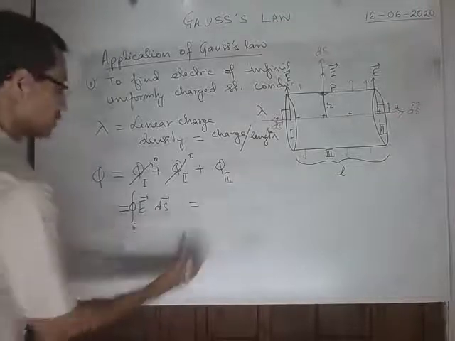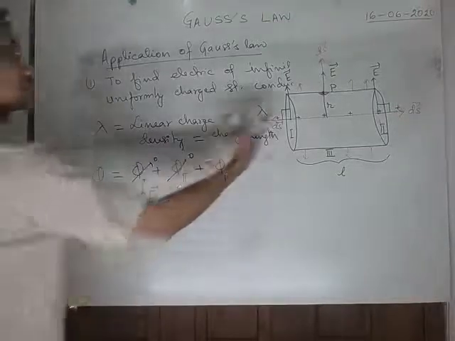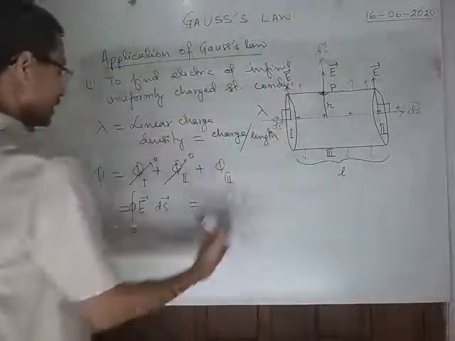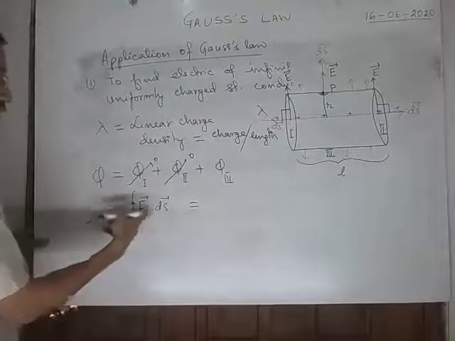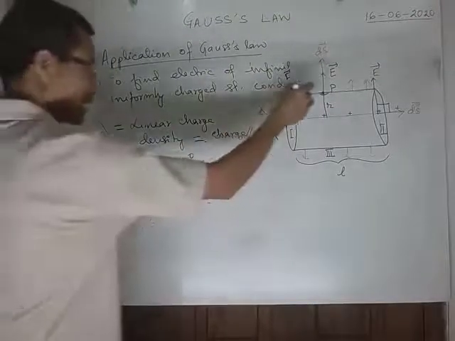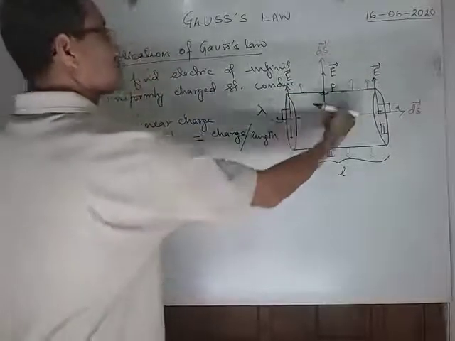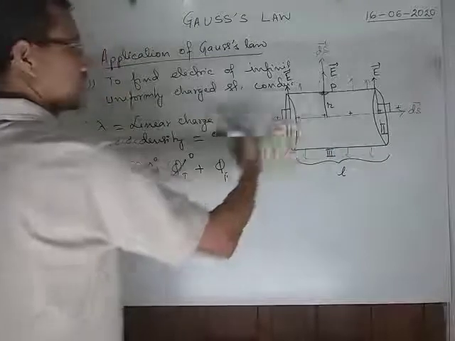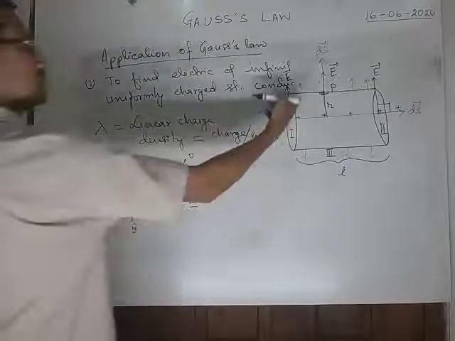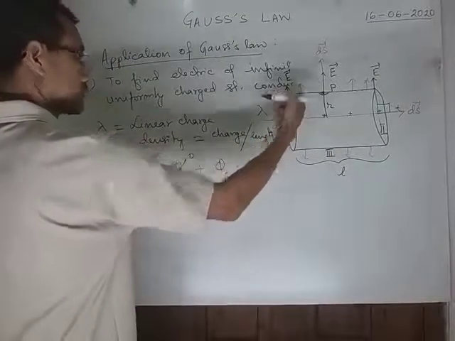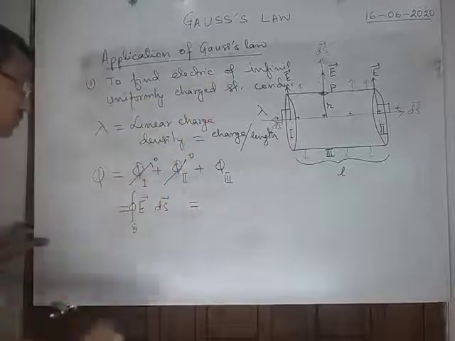As I told you, this E and ds are along the same direction, so the angle between them is 0, and moreover E is constant at every point here because the distance from the charged conductor lying at the axis of the cylinder is the same. So your E will also be constant.